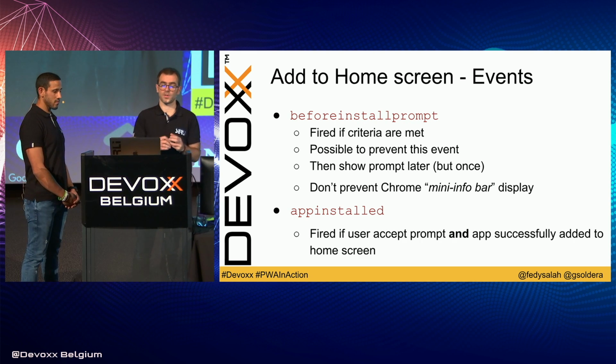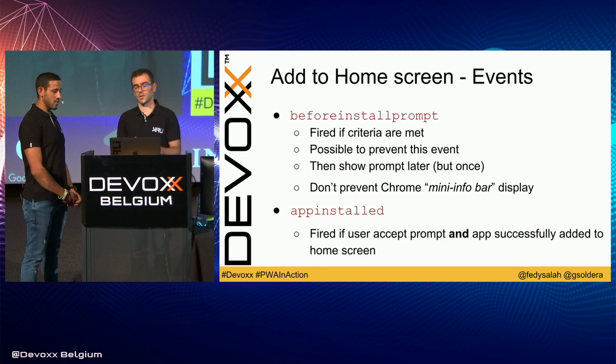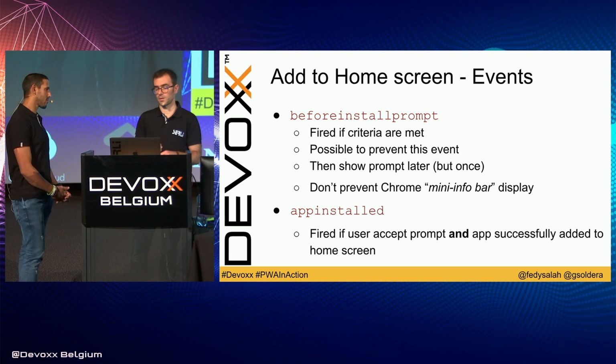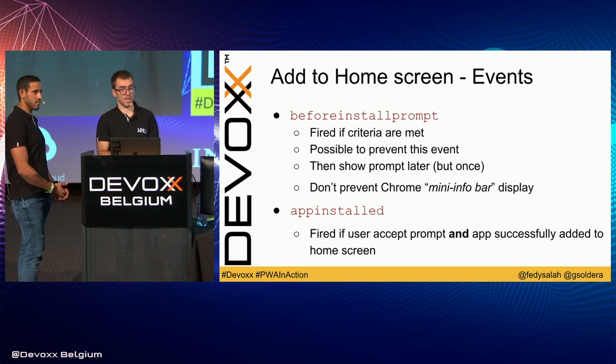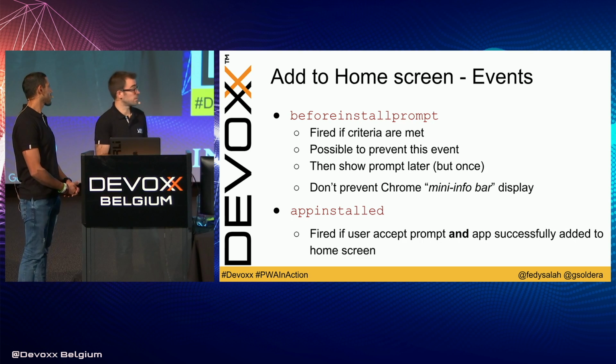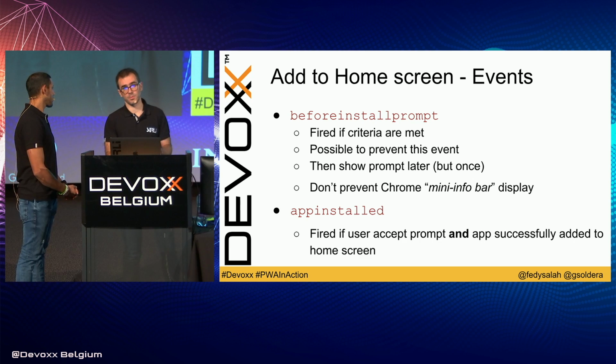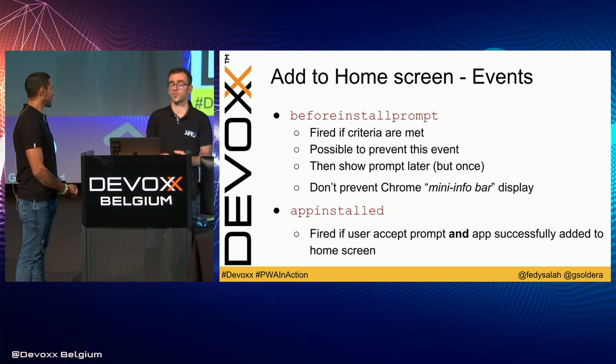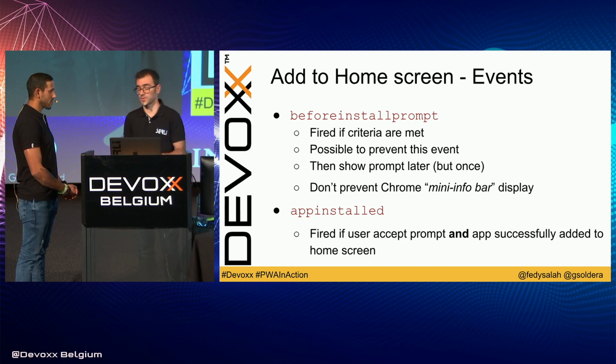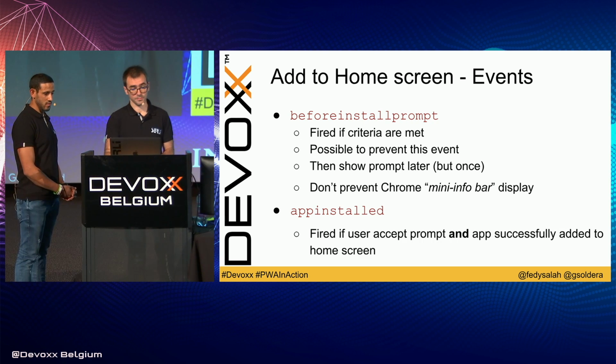In previous versions of Chrome, you could prevent and show this prompt later, but since Chrome implemented the mini info bar, you can't. You have the appinstalled event. It's fired when the user accepts the prompt and the app is successfully added to the home screen. You can listen to this event for some stats or whatever.